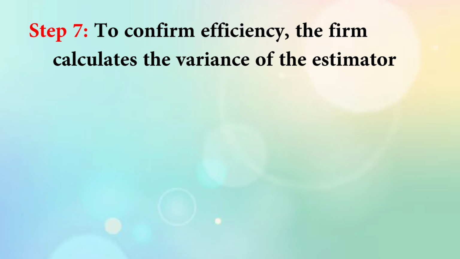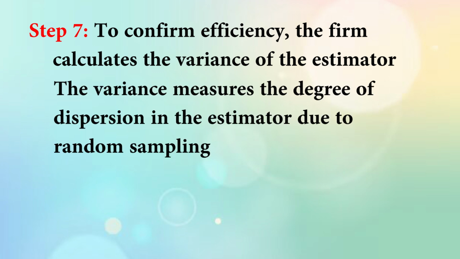To confirm efficiency, the firm calculates the variance of the estimator. The variance measures the degree of dispersion in the estimator due to random sampling. They find that the variance of the estimator is small, which further supports the conclusion that the estimator is efficient.